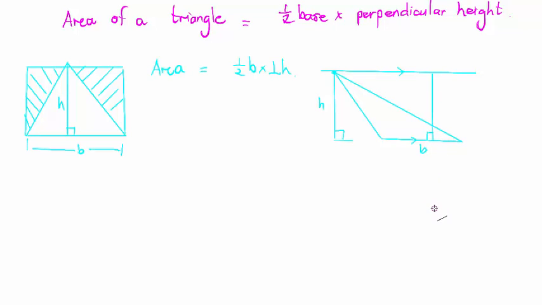Does it make sense? So to find out the area of this triangle, all I need is to find the distance between the base and a parallel line that the apex goes through. Is everyone okay with that?